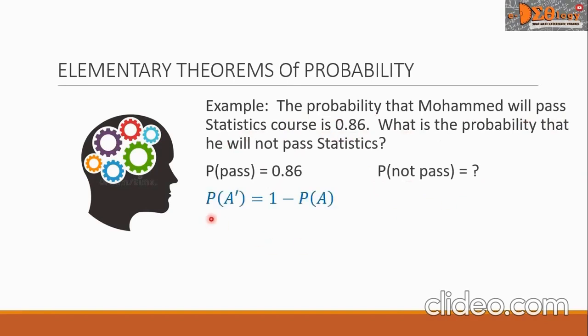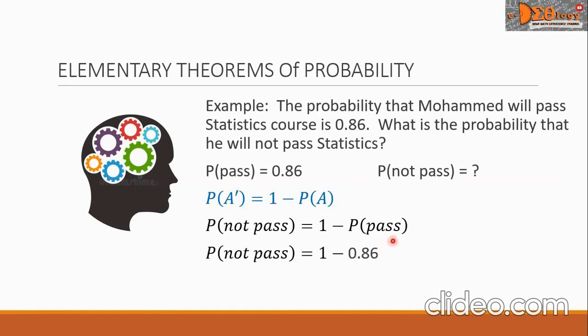Our formula, P of A' equals 1 minus P of A. We may write here now the probability of not pass equals 1 minus the probability of pass.